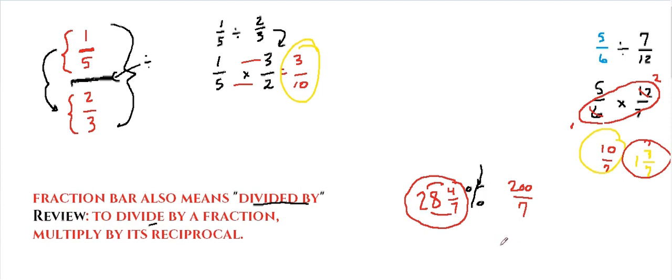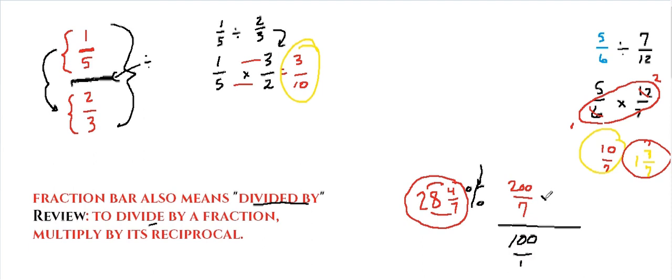Now, what about this part right here? That's step 2. To find a percent, what we're really doing is dividing by 100. So we go 200 over 7 divided by 100, which is really 100 over 1.